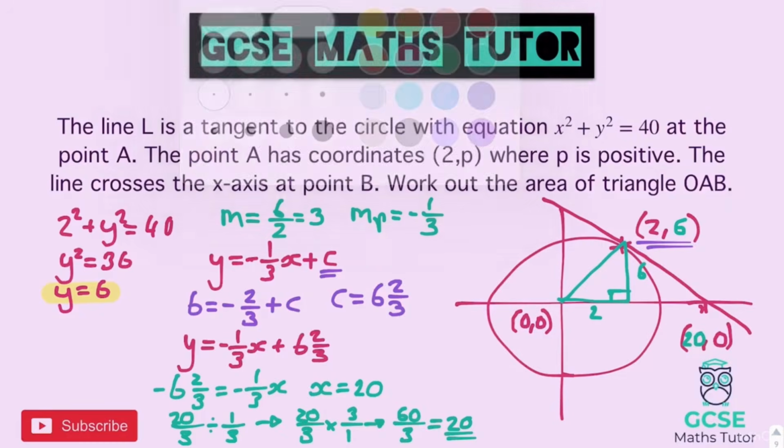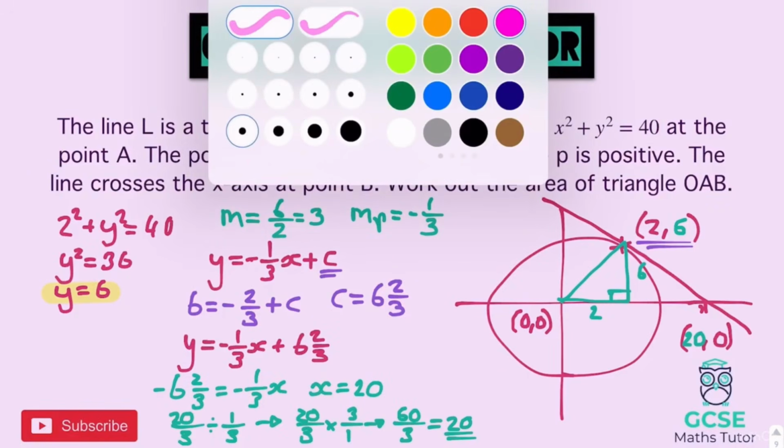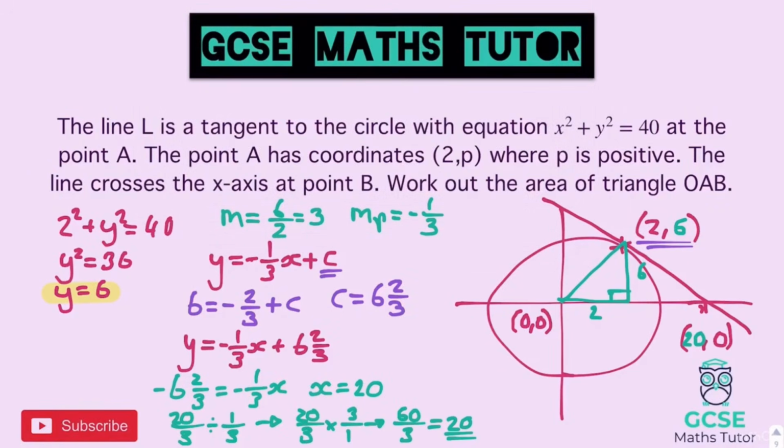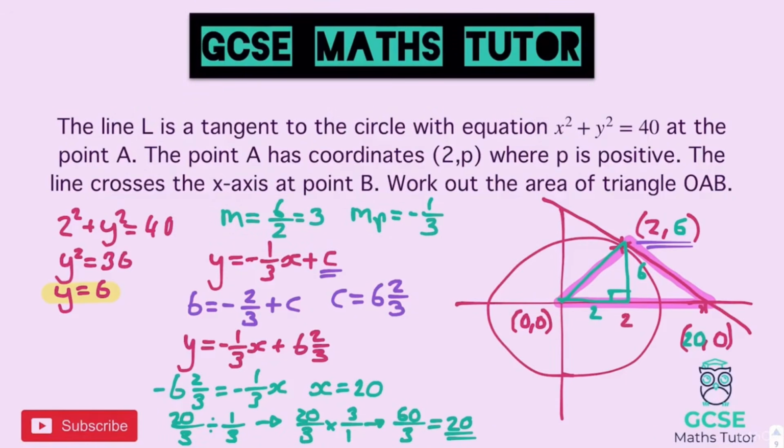Now let's have a look if we can draw this in again. So the triangle that we're actually working out the area of is this one here, and working out the area of that is going to be a lot easier for us because we've got a nice whole number there as the base. The length of the base is 20. The height there we can see is 6, so we've got to do 6 times 20 and divide it by 2.